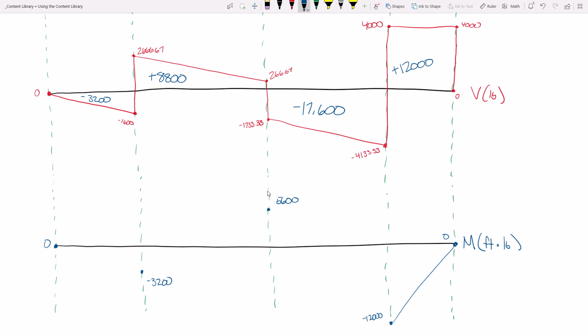When we look at the slope of lines, this is a line with very little slope. This is a line with a lot of slope. So our moment diagram needs to go from a little slope to a lot of slope. The moment diagram in this region goes like this.